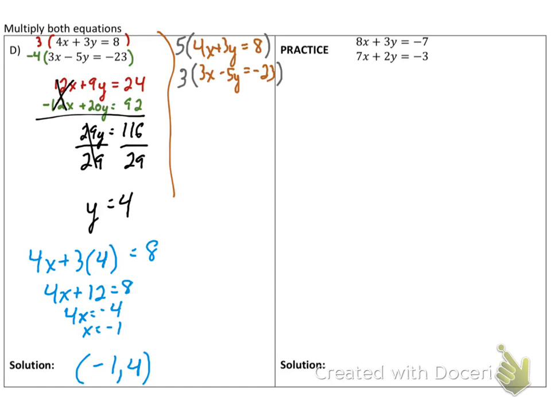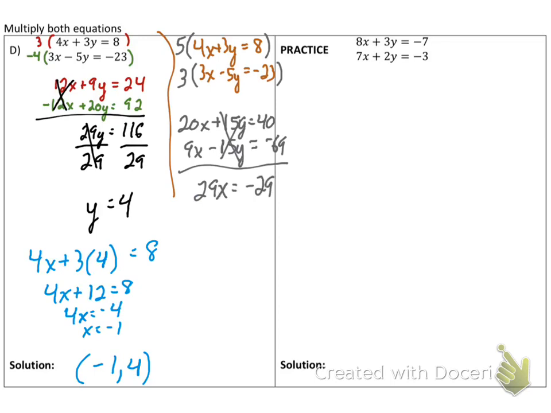So after I distribute this, after I manipulate my equations, you'll see that the y's already have opposite coefficients. Okay? So when I add these two equations together, the y's are going to go away.